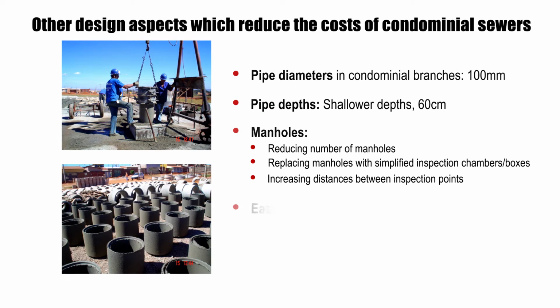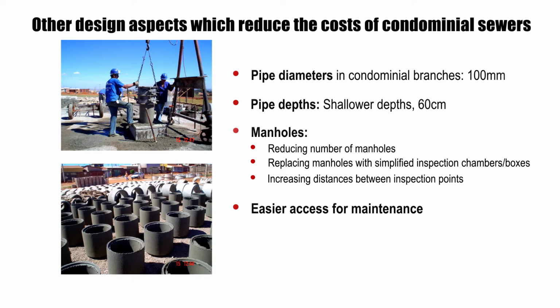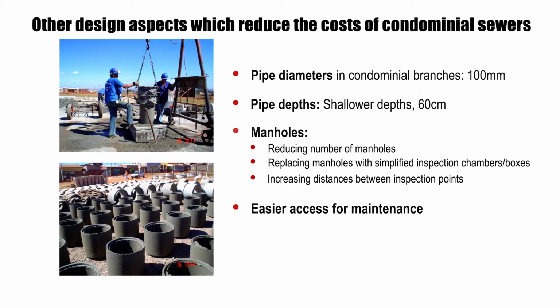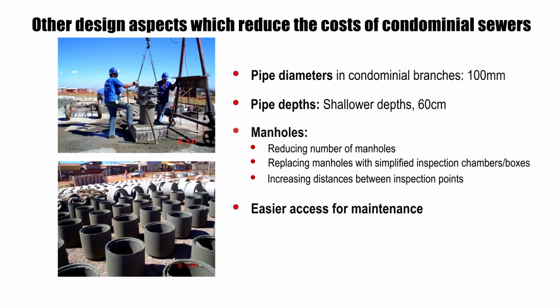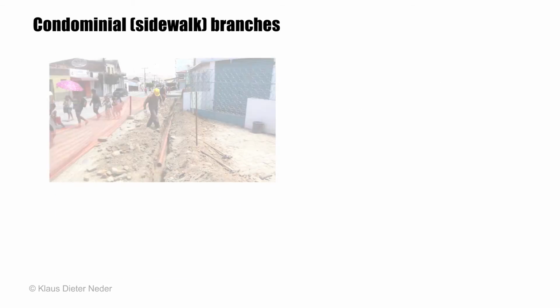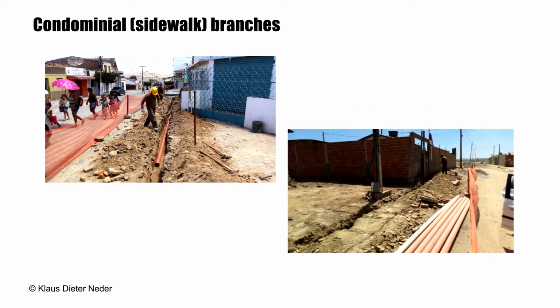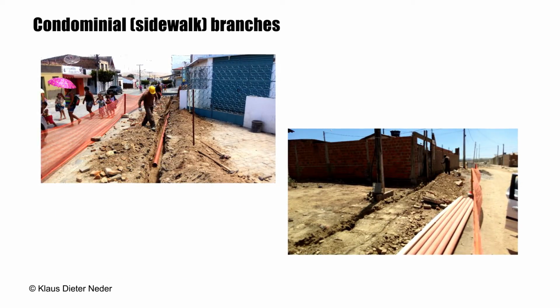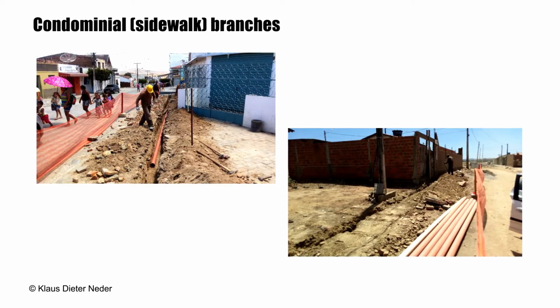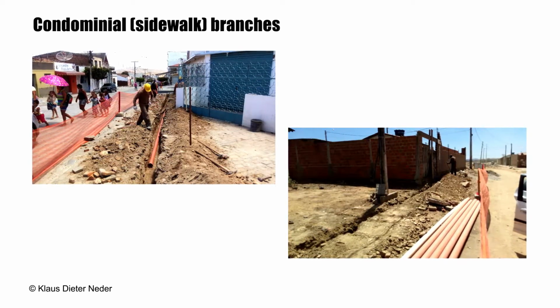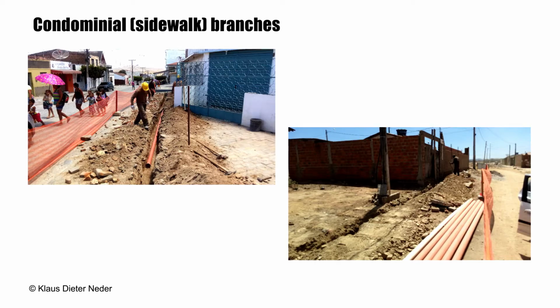When condominial branches are located in household yards and in sidewalks, access for repair and maintenance is possible without the need for the utility to break up roads and interrupt traffic. The condominium members jointly agree on the location of the condominial branch. If the utility is to maintain the branch, the sidewalk is the preferred branch location.